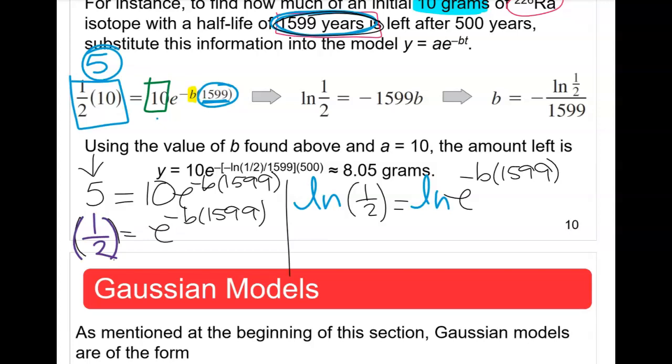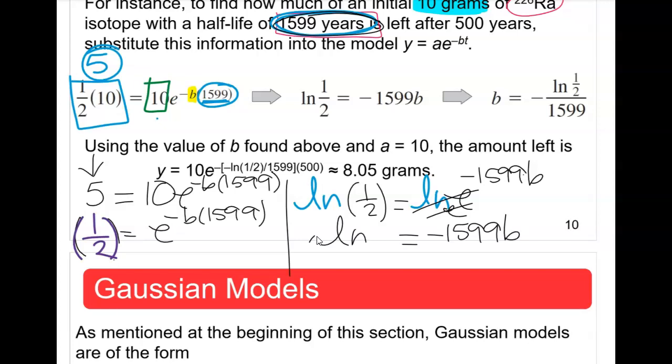And in fact, I'm just going to change the order here. So it's going to say negative 1599 times b. Okay, and we know that here the base is e, so that will cancel out. So then we have a linear quantity. Negative 1599 times b is equal to the natural log of 1/2.